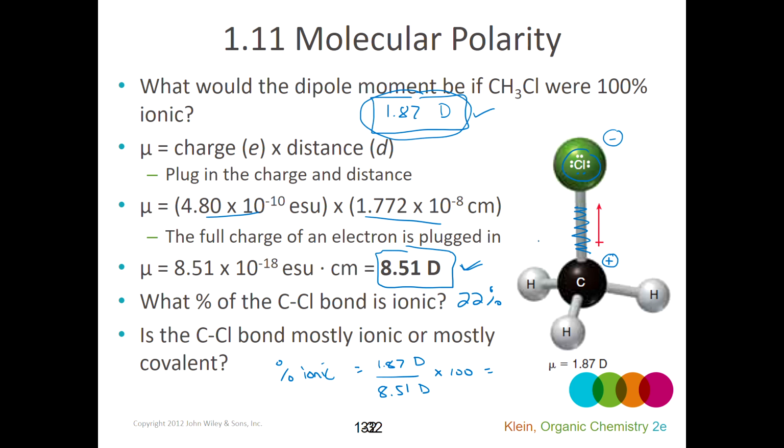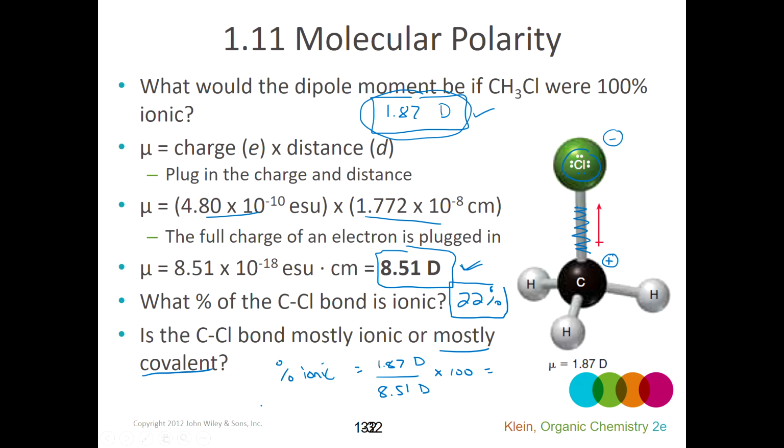So that's why there's only 22% ionic character there, or only partial charges instead of full charges, and the majority of that is shared over both atoms to complete both atoms' noble gas configurations and avoid the unstable full charge, especially on the carbon, that would exist if it were fully ionic. So we can say this one is mostly covalent.